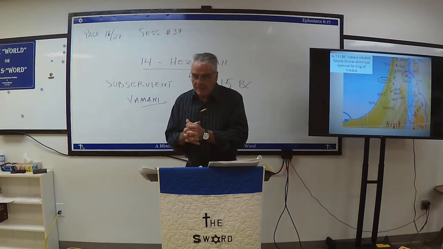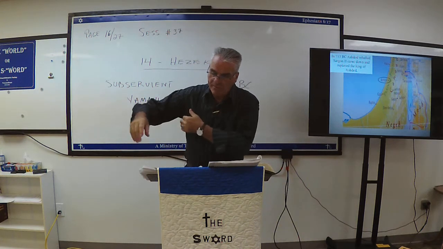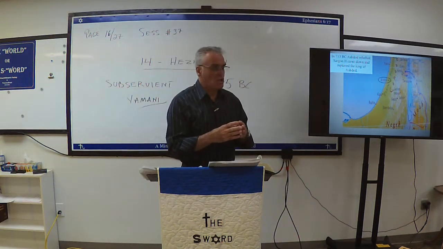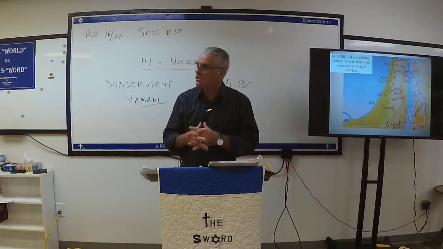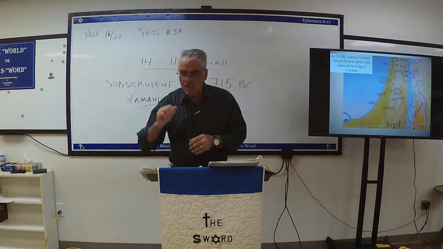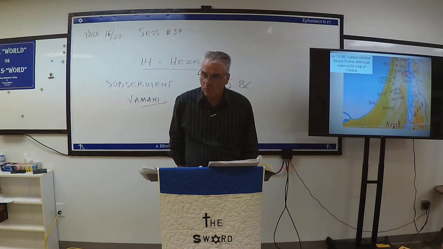Make a note that Moab and Edom joined in the revolt here. And that's the background of Isaiah chapter 20, verses 1 to 6. Just go with me. It's going to come together. Isaiah chapter 20, verses 1 to 6.